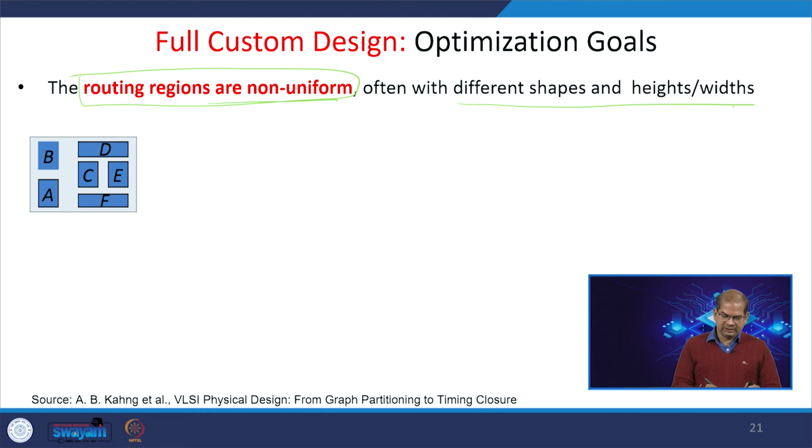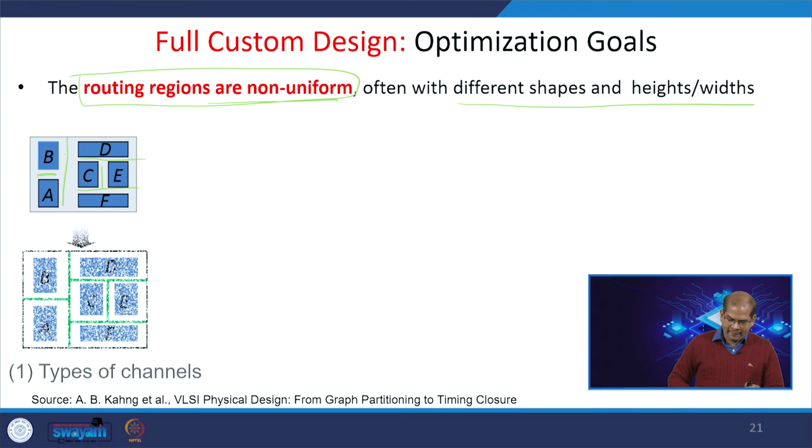If you can see in this example, you have only one vertical track, then this is horizontal, this is horizontal, this is horizontal, again this is vertical. So, it is not uniform across the design. Across the design, these routing tracks are not uniform. Basically, these are the channels. This is a vertical channel, this is a vertical channel, this is a horizontal channel.